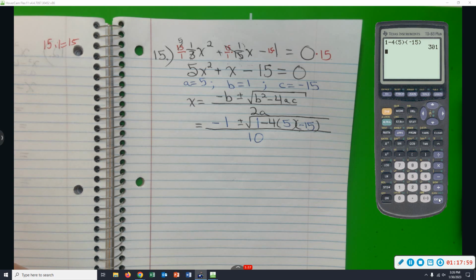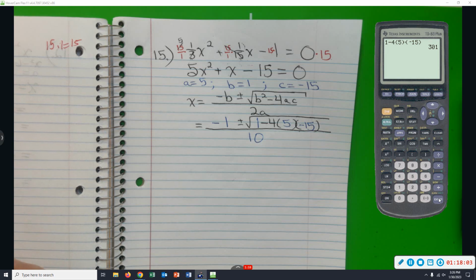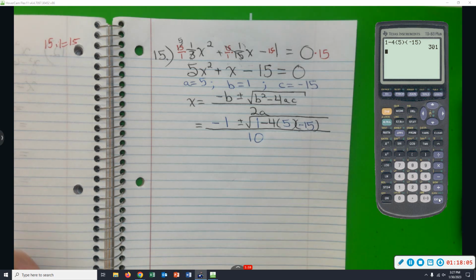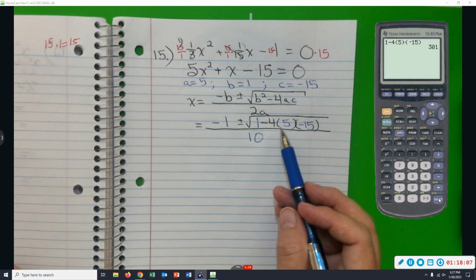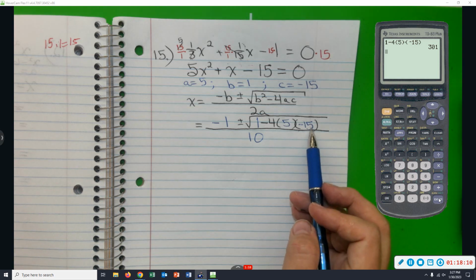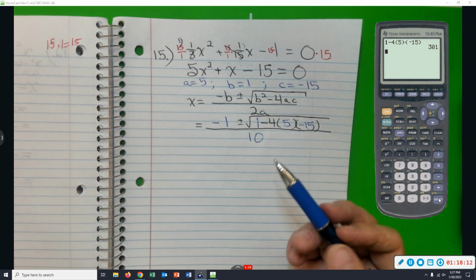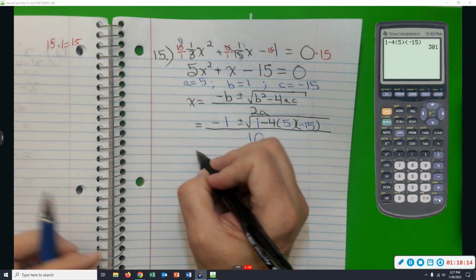For a moment, I thought we were going to have an i in our final answer, but are we going to? That negative times a negative is going to become a positive. 20 times 15, is that 300? I'm getting 301.